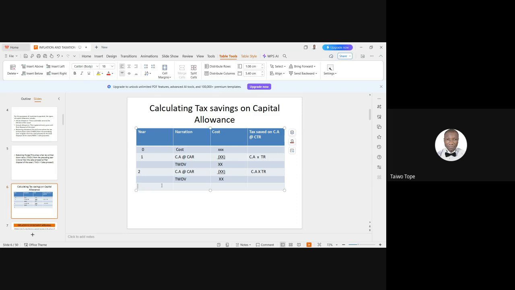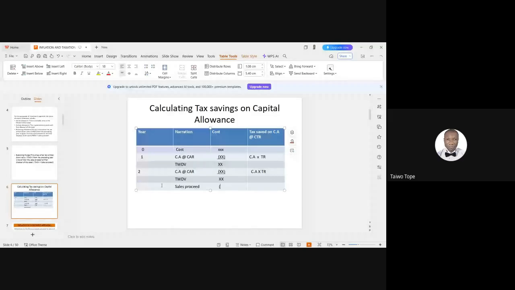If our sales proceed is greater than our tax written down value, what will be our result? To make this format short, we have a sales proceed here. It will be balancing charge.